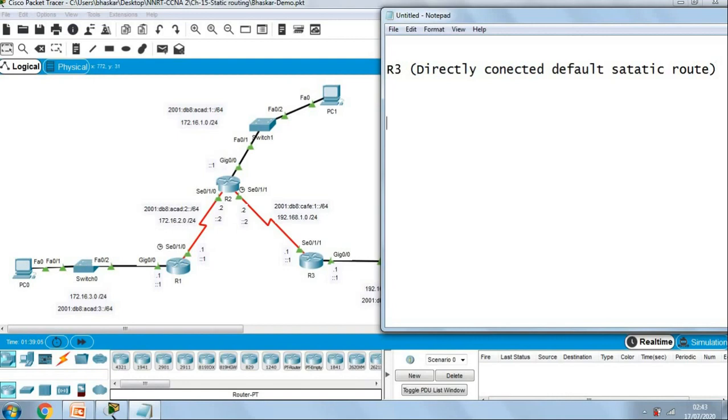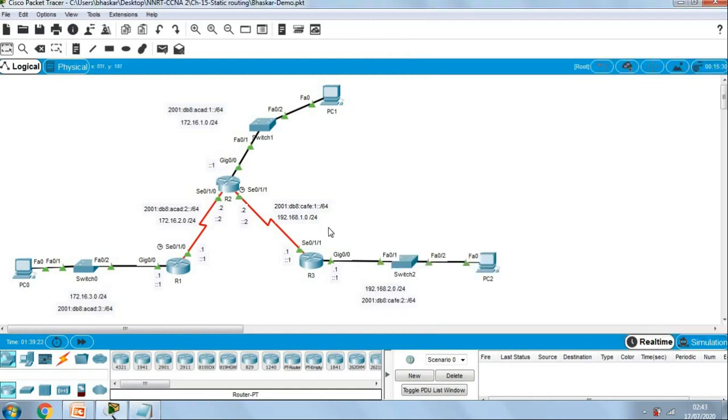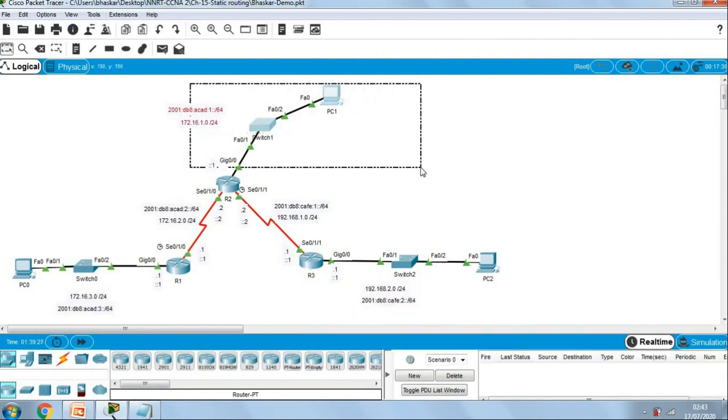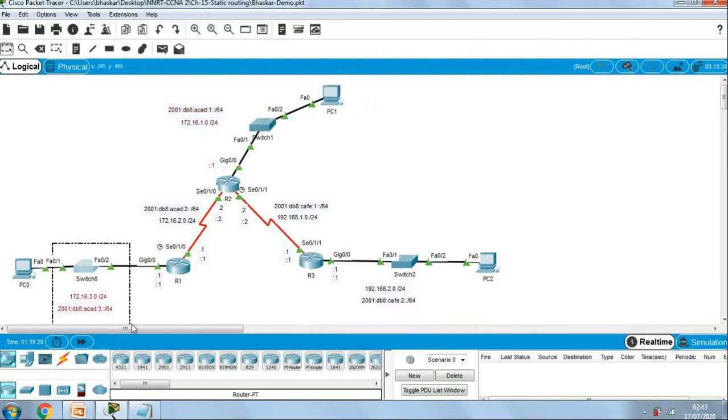Now see, the context here is from R3 I want to reach R2, right? As well as from R3 I want to reach R1, right? See here, from R3 I want to reach the R2 LAN network as well as the R1 LAN network.